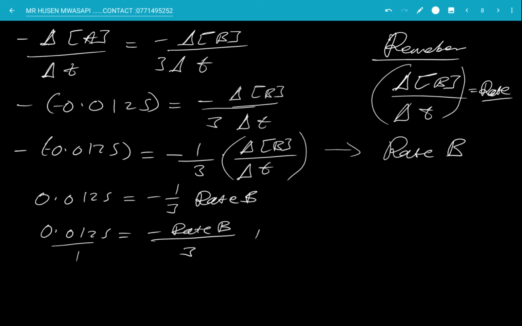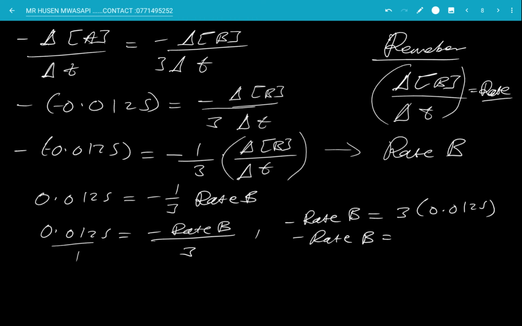This means that you have minus rate B being equal to 3 times 0.0125.